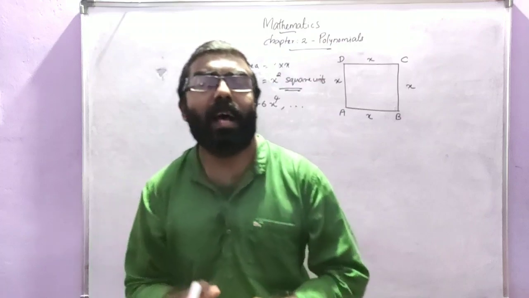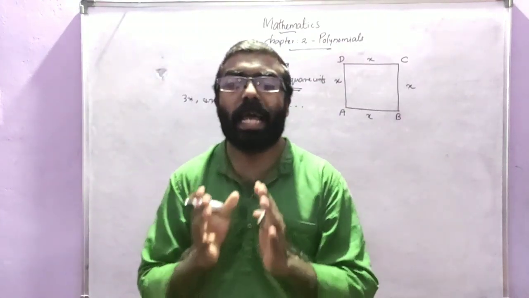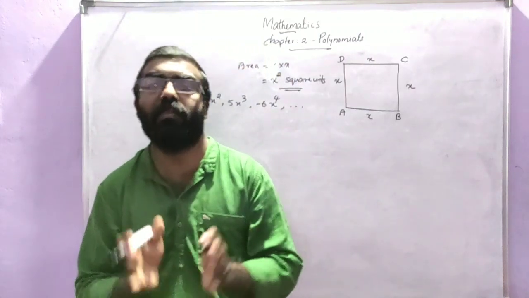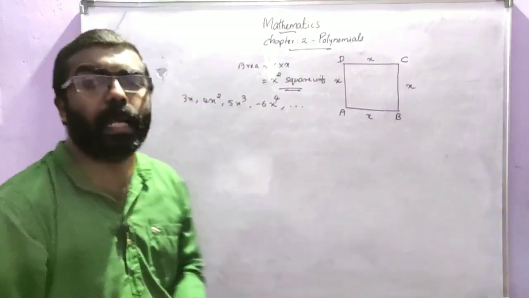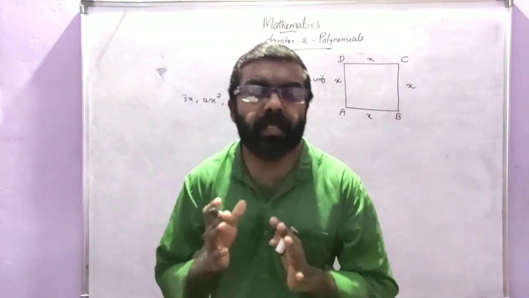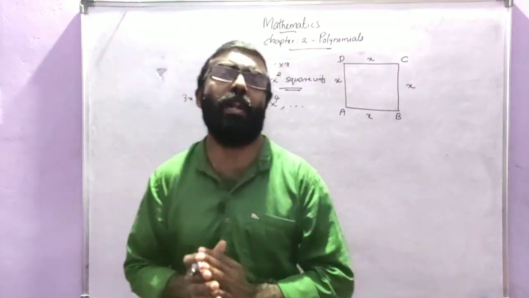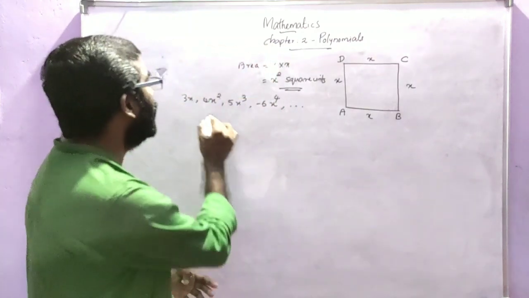Note that all the algebraic expressions we have considered so far have only whole numbers as the exponents of the variable. That means the power of each variable is a whole number. Expressions of this form are called polynomials in one variable. In the examples above, the variable is x.